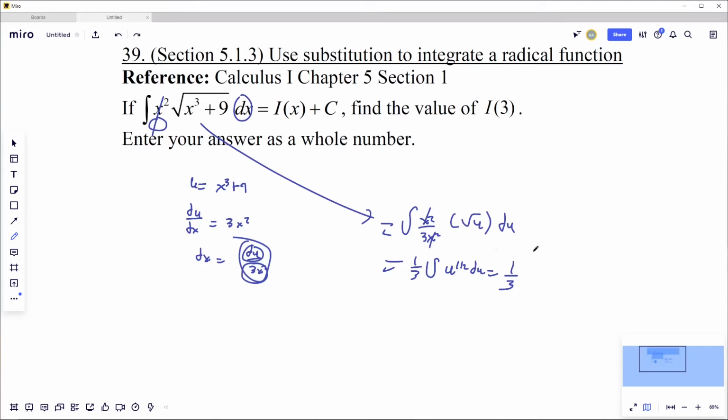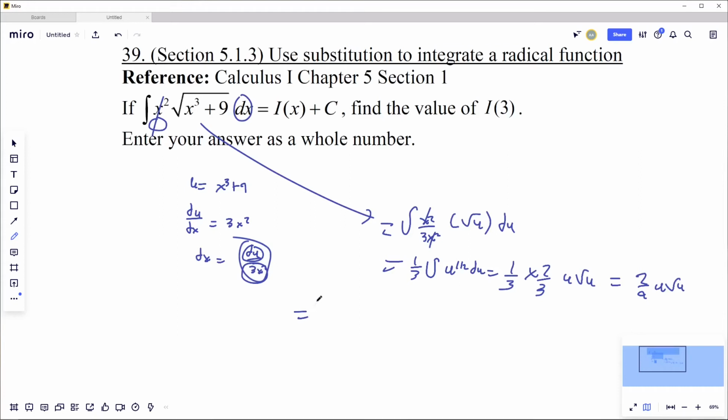Divide by that, so you get 2 over 3 times 2 over 3 u square root of u, because u to the power of 3 over 2 is nothing but u times u to the half, and u to the half is nothing but square root. So pretty much those two multiply, so you get 2 over 9 u square root of u.